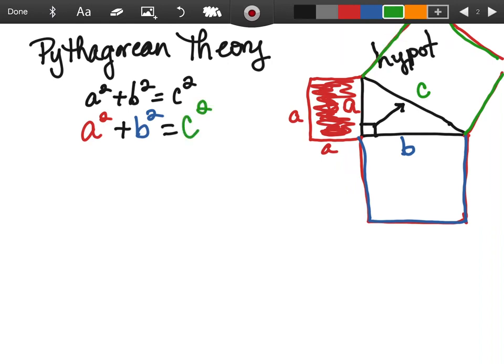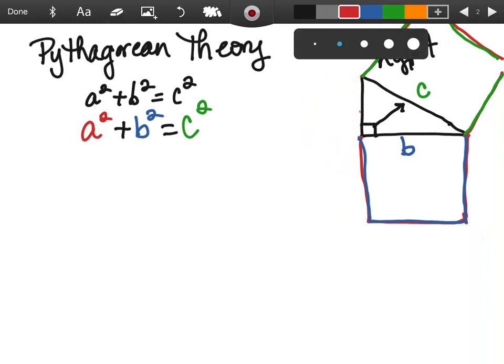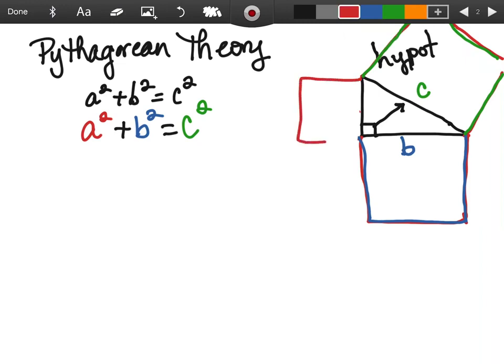So I'm going to take the number that A is and square it, then I'm going to add B squared, and that will equal C squared. So the two areas together.